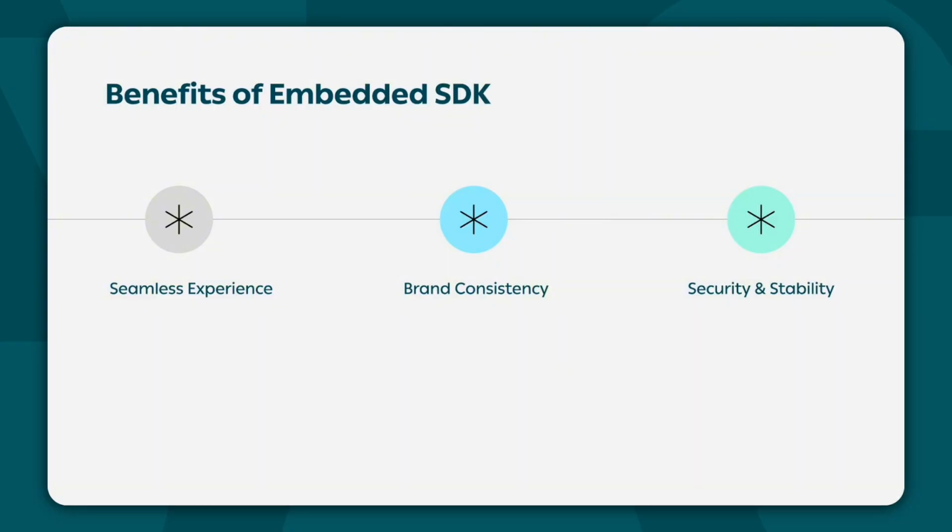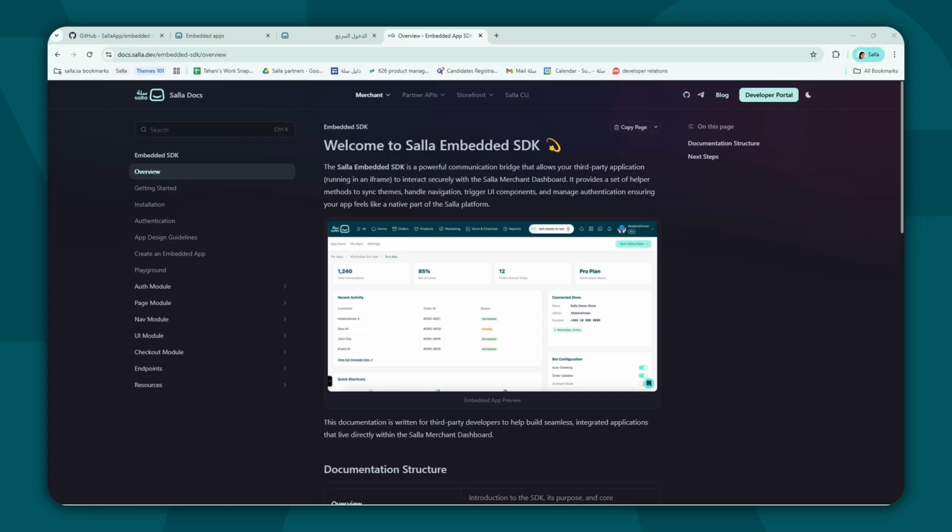A great feature is security. The SDK handles the security and performance, ensuring the data shared between Salla and your app is transmitted securely. So let's start with the first one, which is installing the SDK.